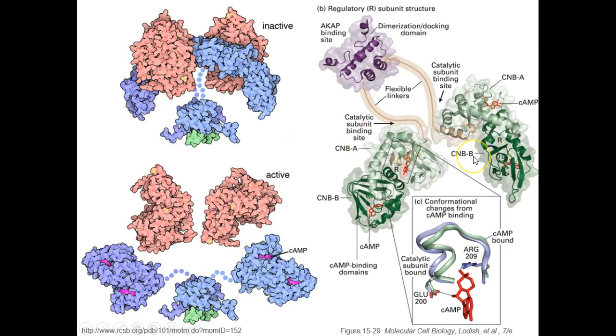So over on the right, we have even more detail, and this shows these flexible linkers of the regulatory subunit, and how you can see this helix part right here and how it blocks the catalytic binding site. And down here, you can see the conformational change from when cyclic AMP is bound and when it's not. So the green is the conformation the active site has when cyclic AMP is bound.